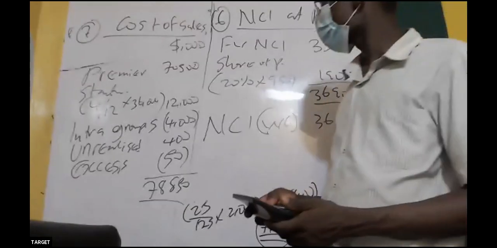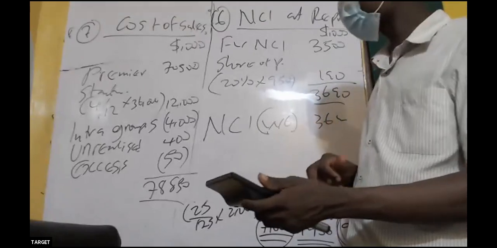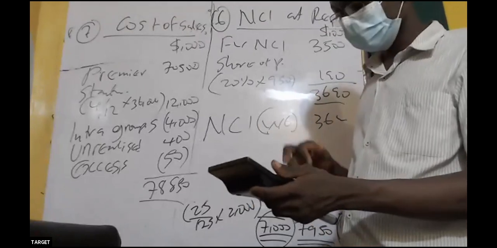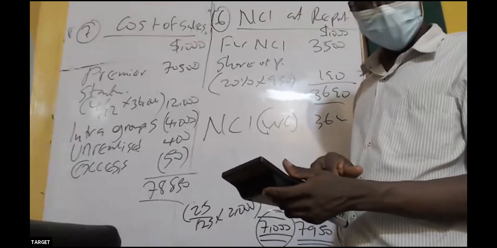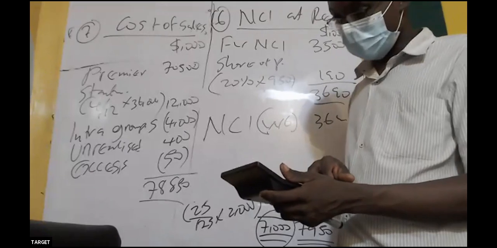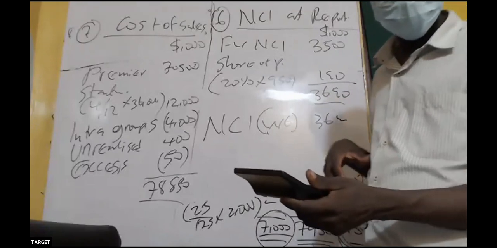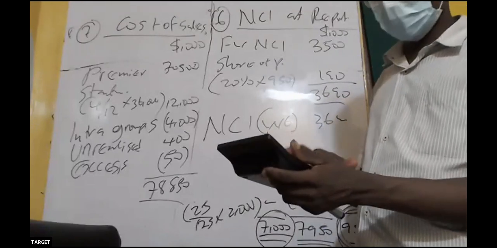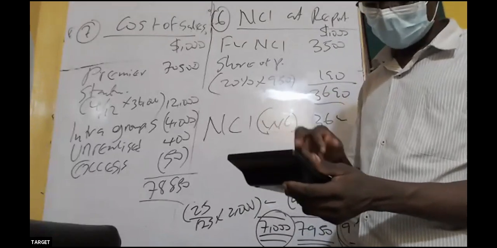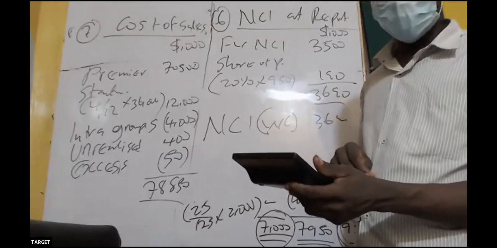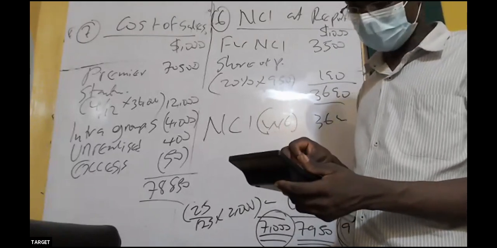Now, cost of sales should be 70,500 plus the 12,000 minus the 4,000, plus 400, and then less what?